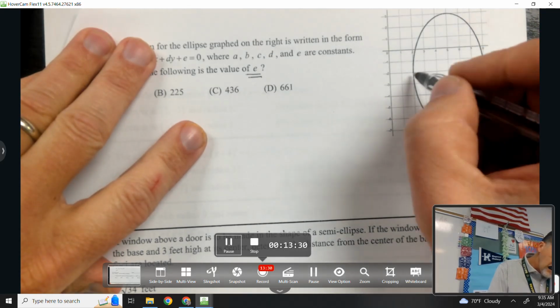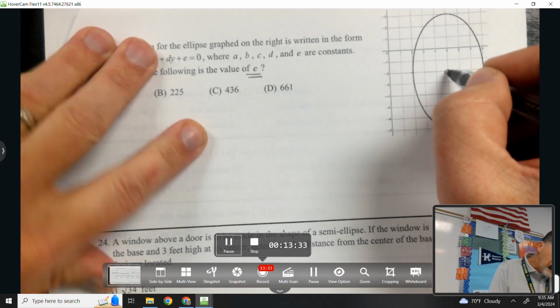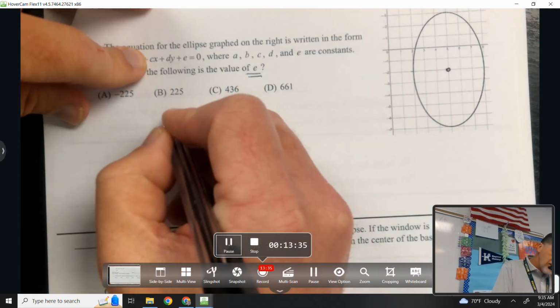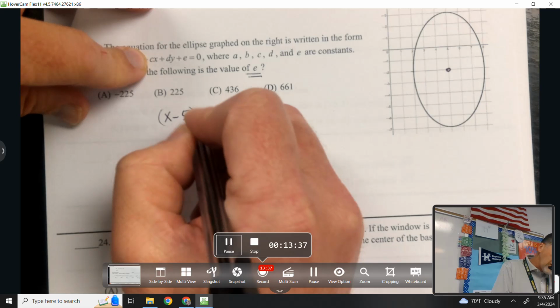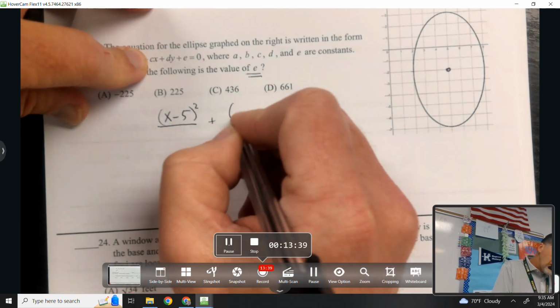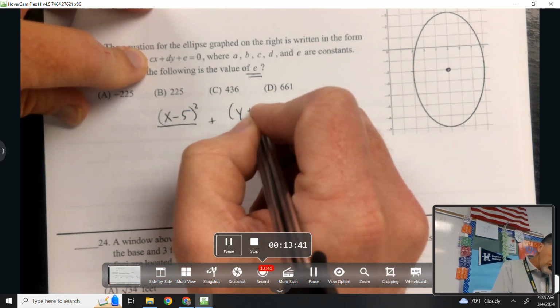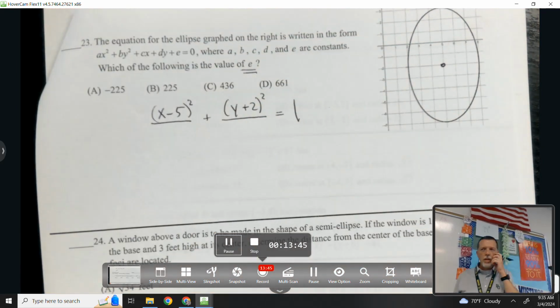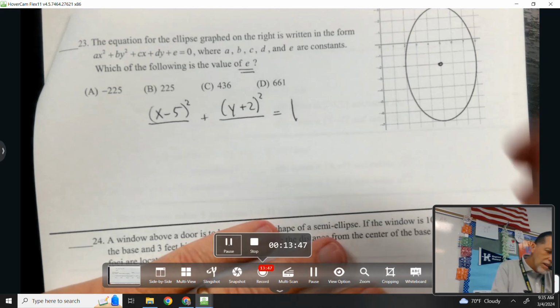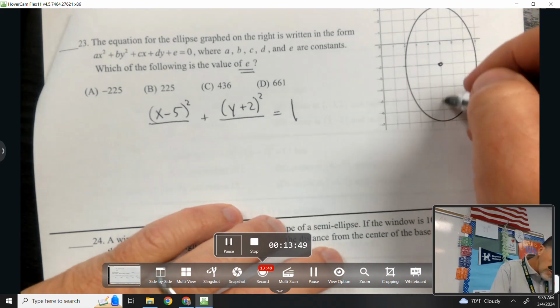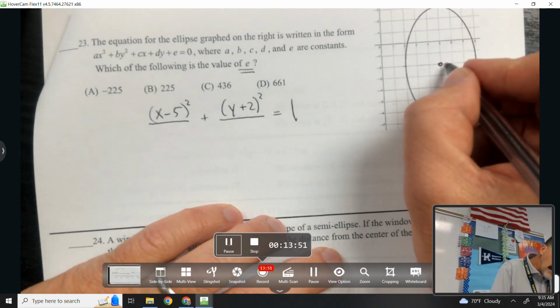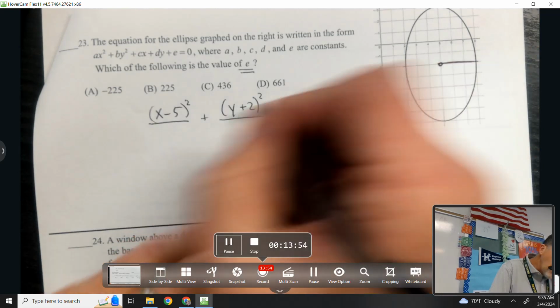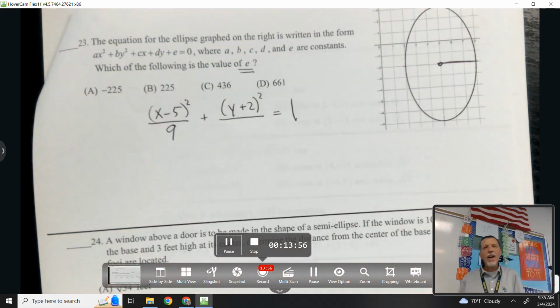So it looks like the center is right there. X minus 5 squared plus y plus 2 squared equals 1. Under the x coordinate, that would be the left and right coordinate. We went left and right 3, so 9 goes under the x.